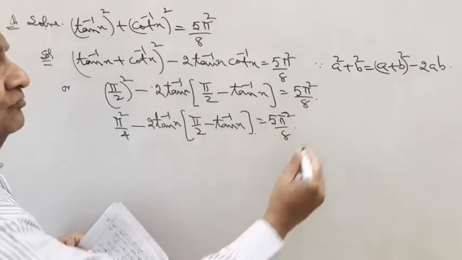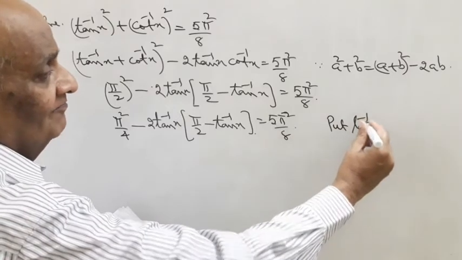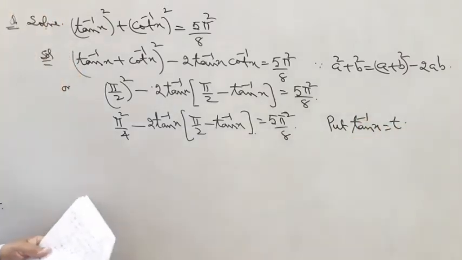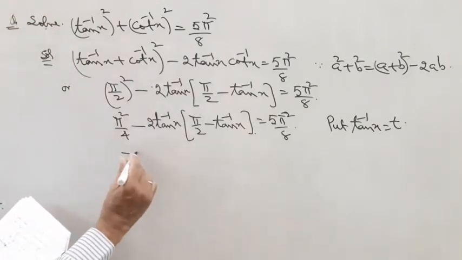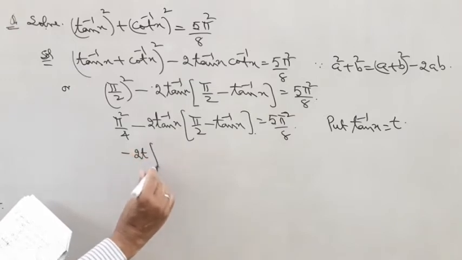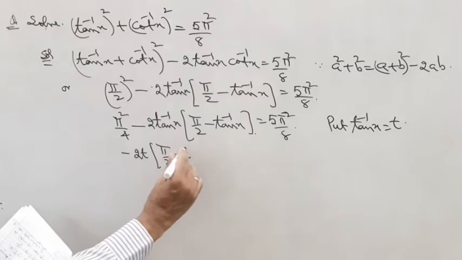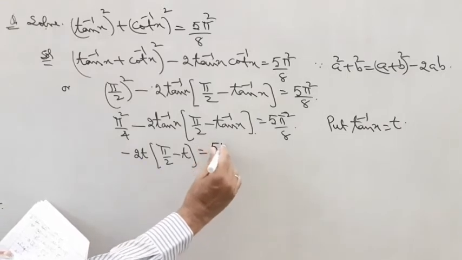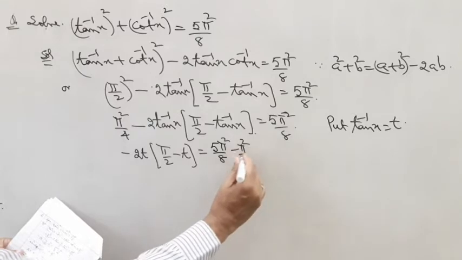Now here what to do? Put tan inverse of x is equal to say t. It becomes here minus 2t into pi by 2 minus t is equal to 5 pi square by 8 minus pi square by 4.